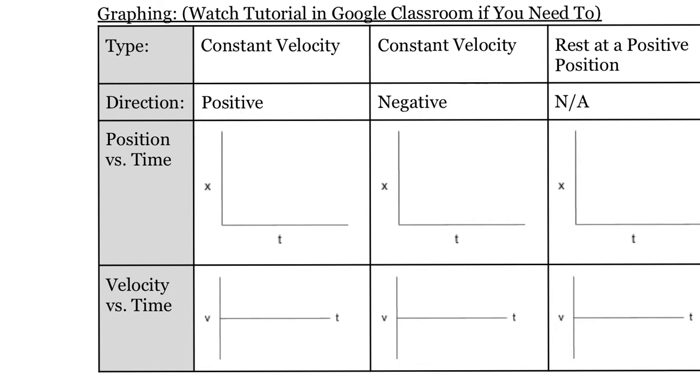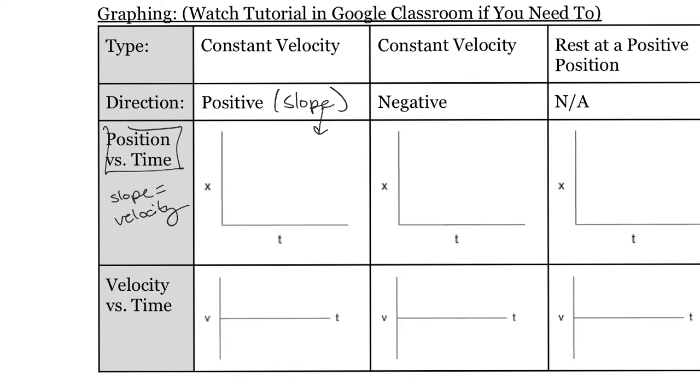So our first graph is position versus time. Now, if we're moving in the positive direction, that means we have a positive slope on our position versus time graph. That means we've got a positive velocity. If you did not already know that, on position versus time, your slope is equal to your velocity, only for position versus time graphs.